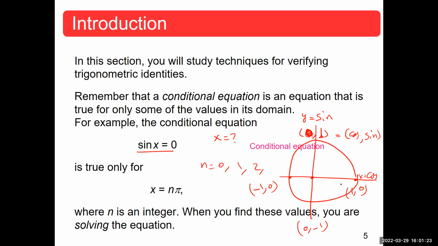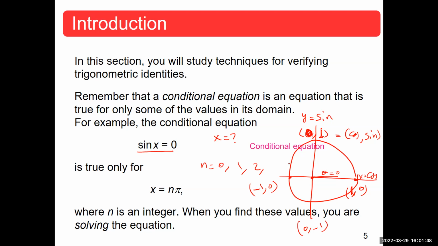Sine is not 0. Where is the sine 0? At this point. If x equals 1, which is the cosine, y equals 0. So what was the angle? 0. Here's the 0 angle. Theta equals 0.